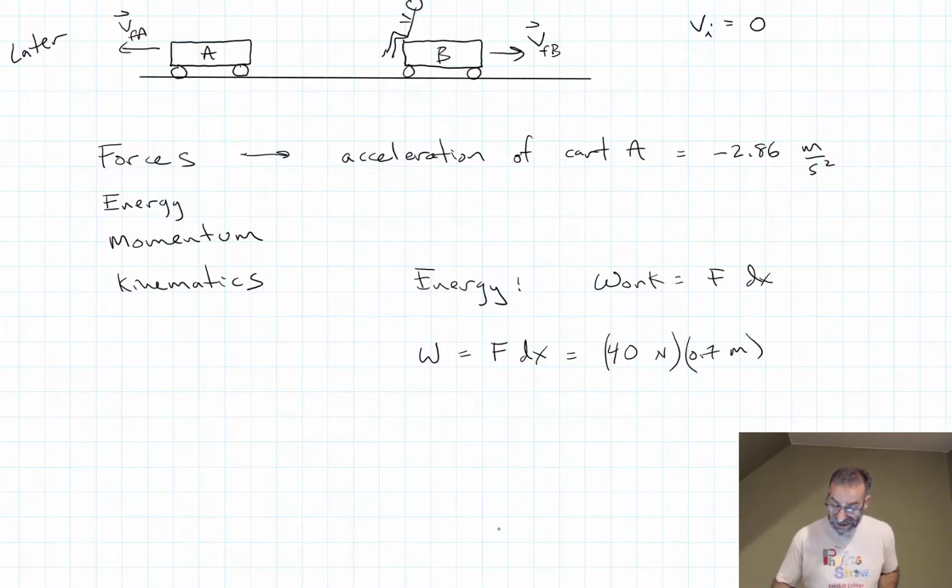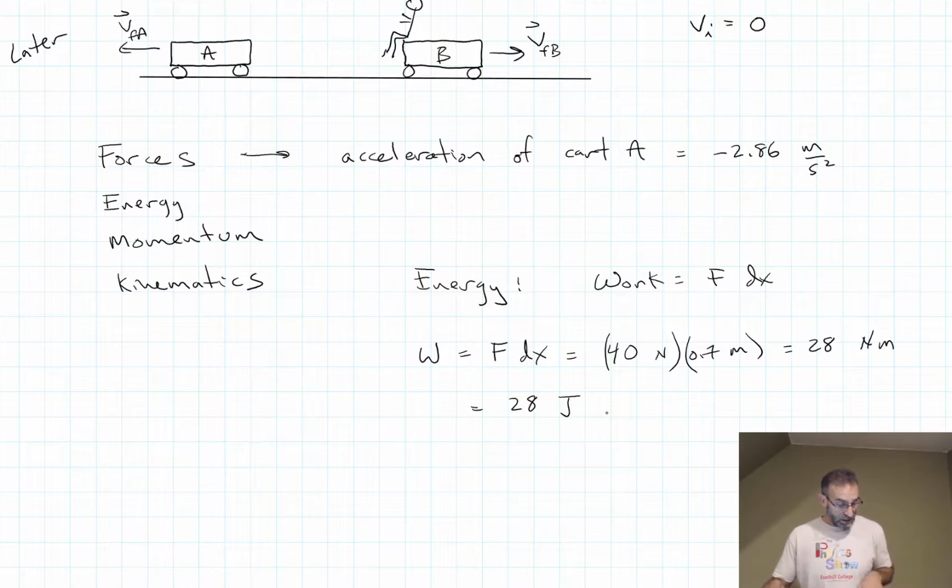That's the distance that the force acted on the box. 28 Newton meters, and we know that a Newton meter is a joule as far as energy is concerned. Joules are units for work and energy. So we found the work done on cart A by our legs.